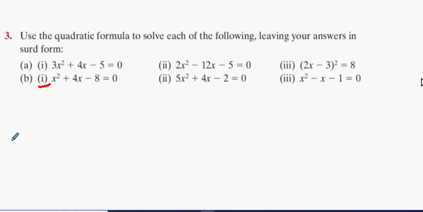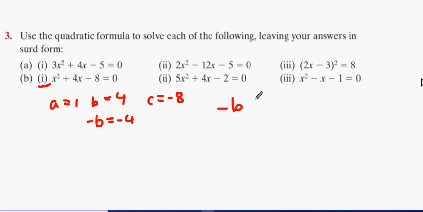Okay. A value is 1, B value is 4, minus B value is minus 4, C value is minus 8. Minus B formula, plus or minus square root of B squared minus 4AC, all over 2A.